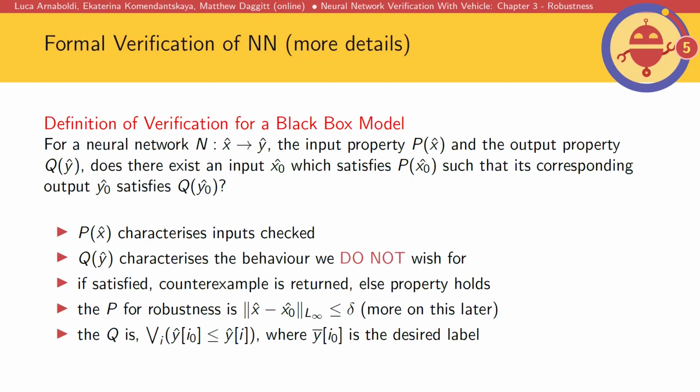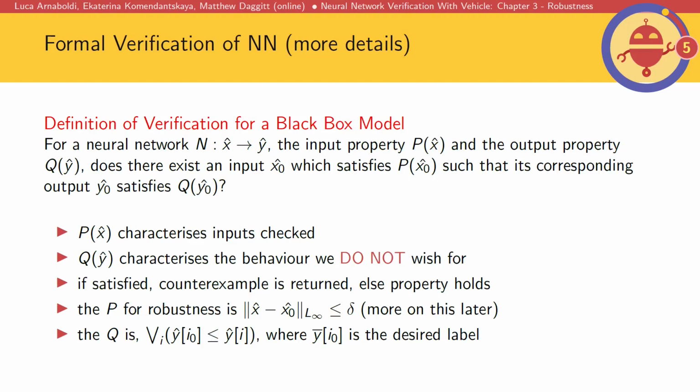Now, let's look at this property that I defined earlier in a little more detail. So if we have a neural network, which is a function from inputs to outputs, there is a property P on the input x and an output property Q on y. If you were at the talks yesterday using P and Q, you should be quite familiar with this syntax. It's more or less the same, except the thing in between is a massive neural network. We don't know how it works, and you want to ensure that if the property is satisfied on the input, the corresponding output property Q is satisfied.